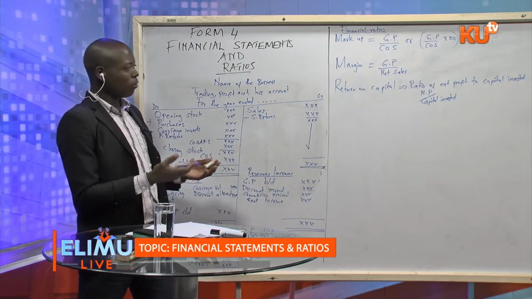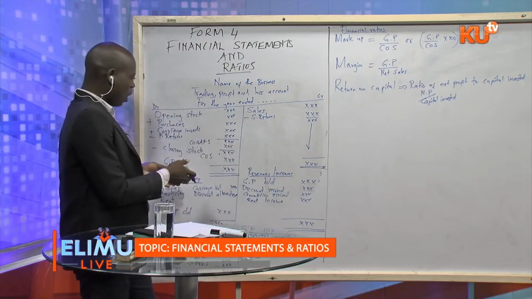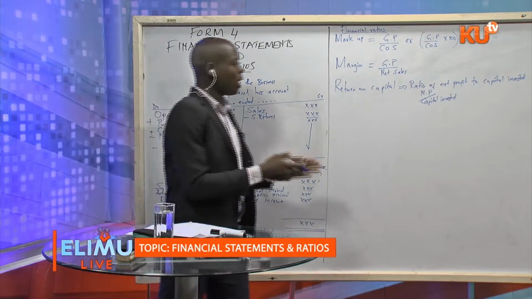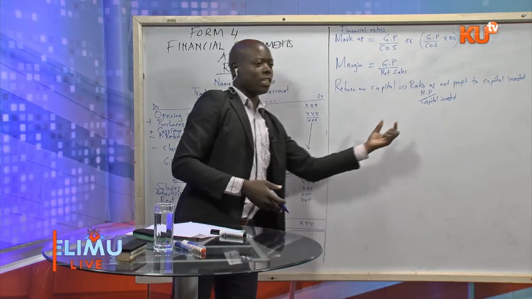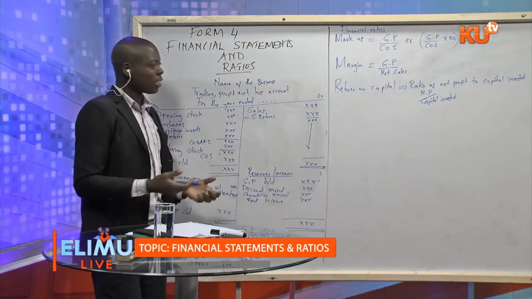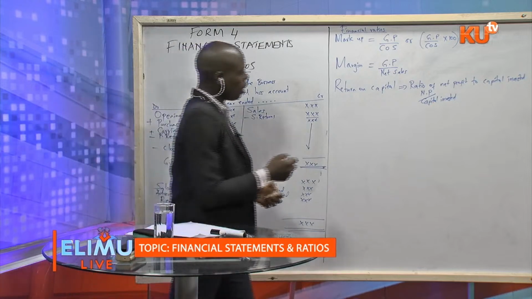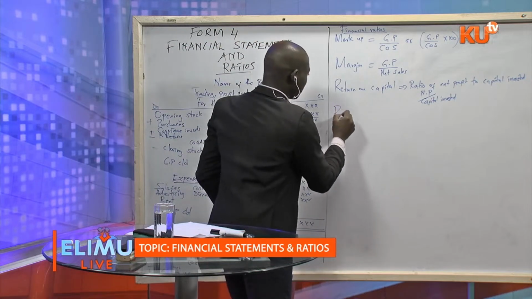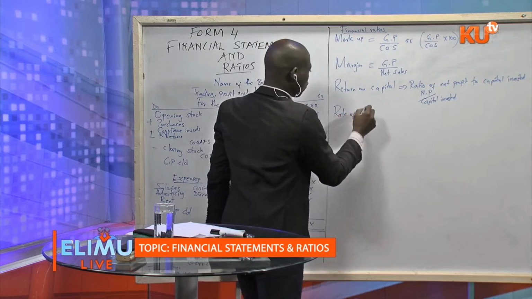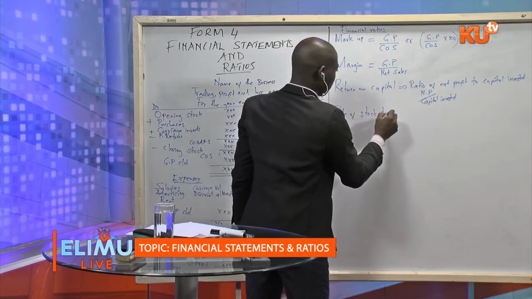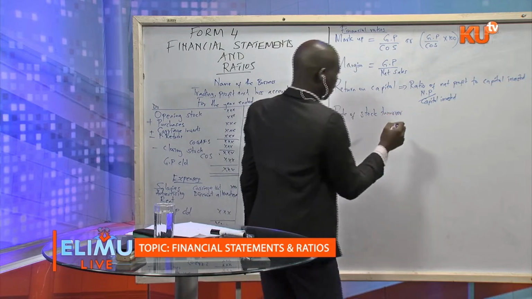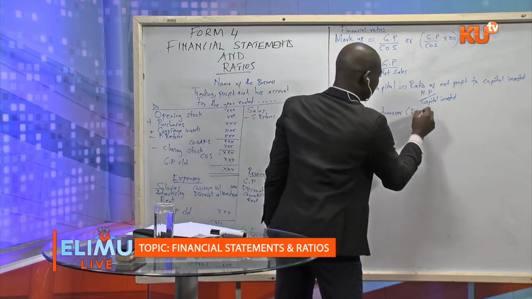Those are types of capital that we need to look at. But in this case, we concentrate on how much capital you invested as the owner. In other words, what is the owner's equity in the business? Then we need to also look at what we call rate of stock turnover. We abbreviate it maybe as ROSTO.